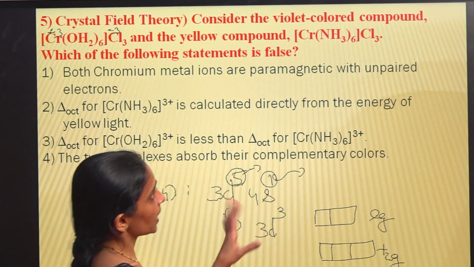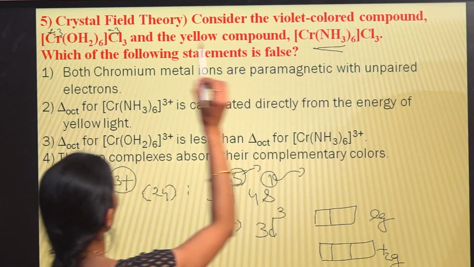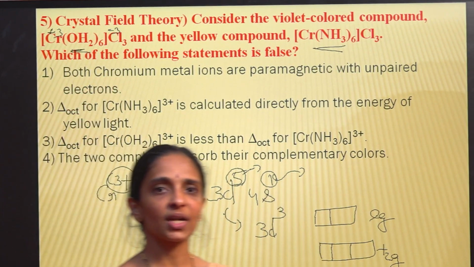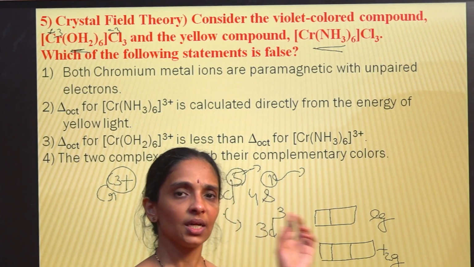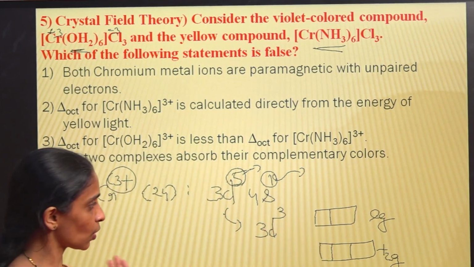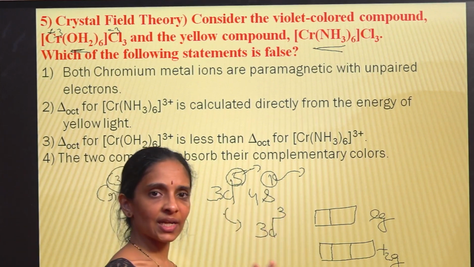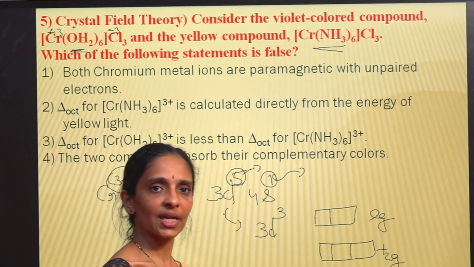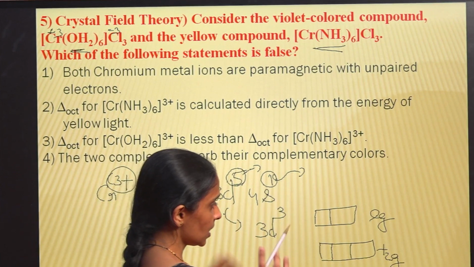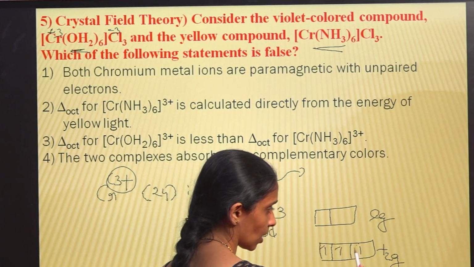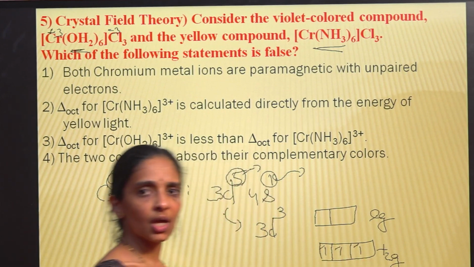Now, irrespective of the ligand that is present, water is actually a weak field ligand and ammonia is a comparatively strong field ligand. But here, because there are only 3 electrons, whether weak field ligand or strong field ligand, the 3 electrons occupy the 3 T2G orbitals.